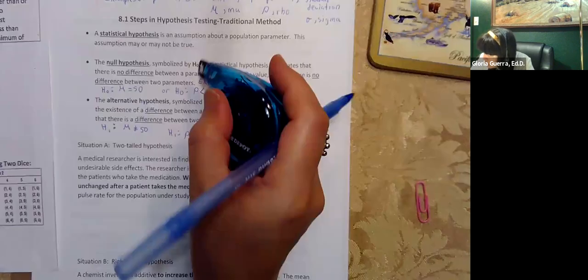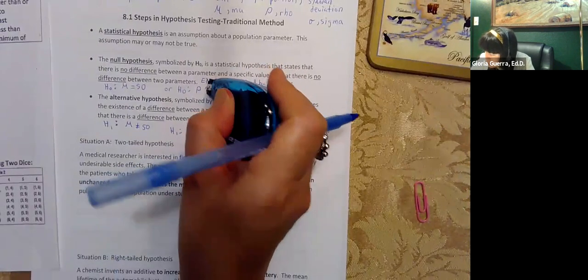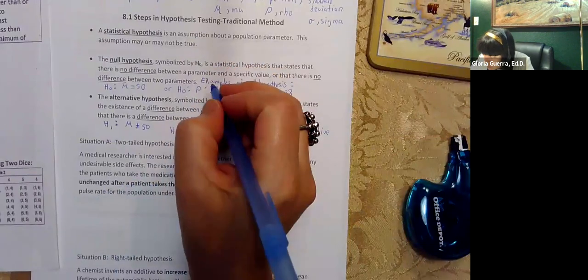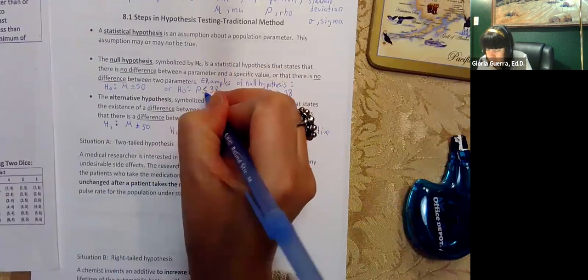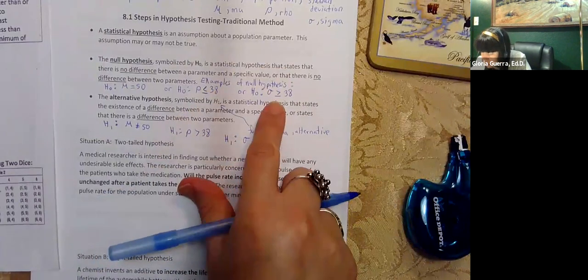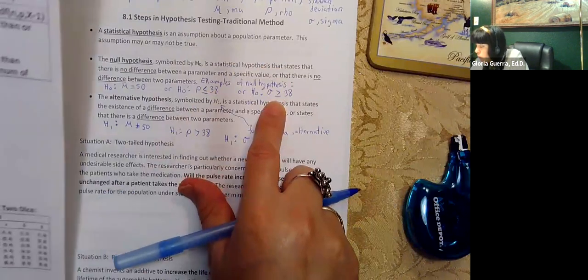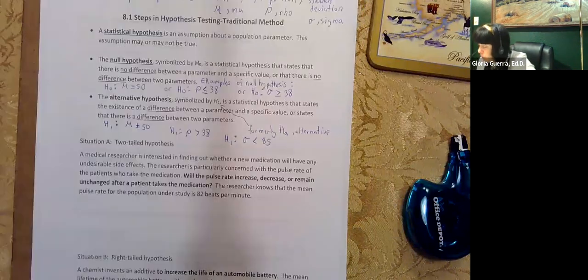I couldn't make that a null based on what I see on the chart. I could do less than or actually less than or equal to. And then same thing here. Well, actually this one's okay. Greater than or equal to 38. See this right here? Okay. So just as an example, okay.